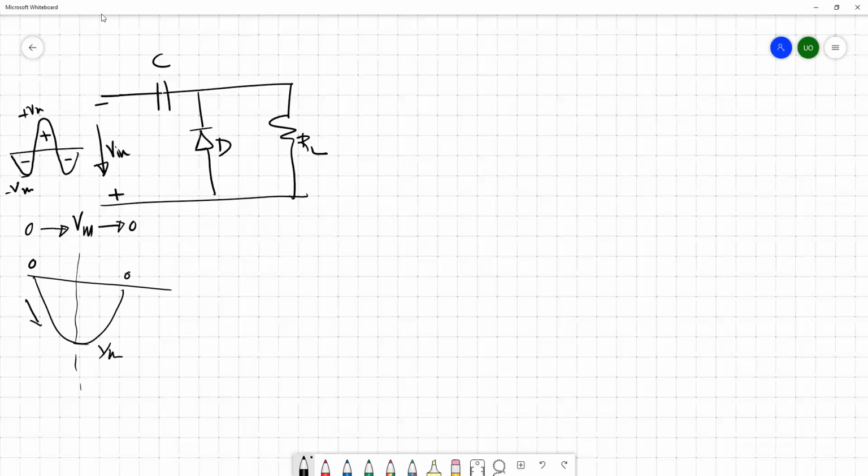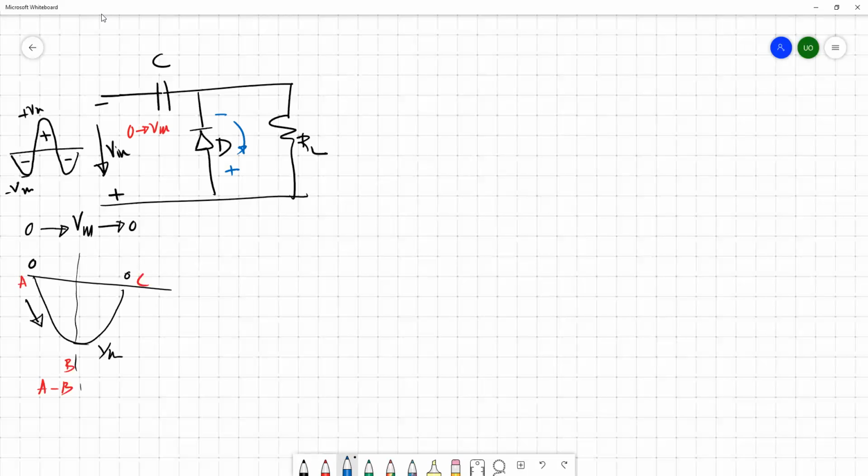Now see what happens if the input voltage moves along this path from A to B. Here the input voltage simply increases from 0 to V. We mark this as the diode drop.